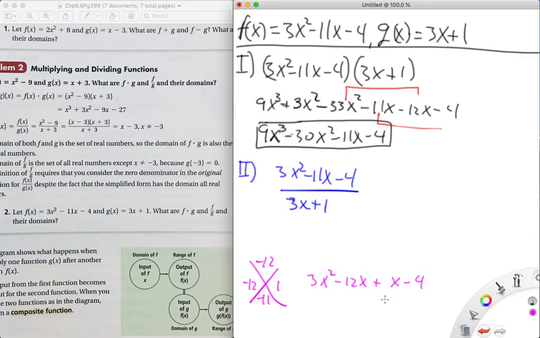On this side we can pull out a 1. Over here, you can pull out a 4, a 3x.